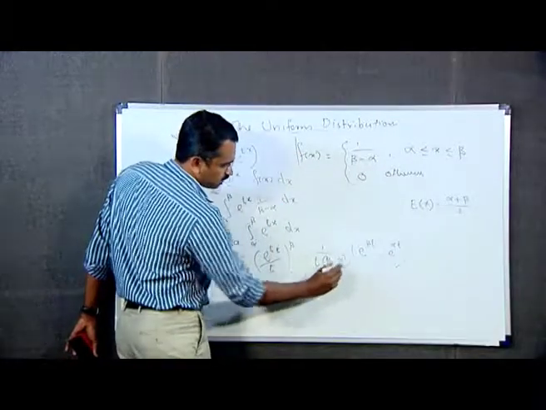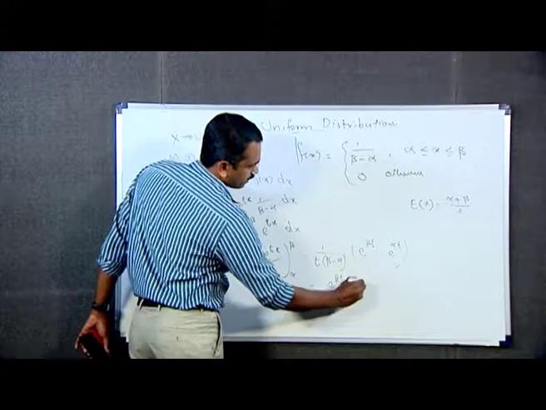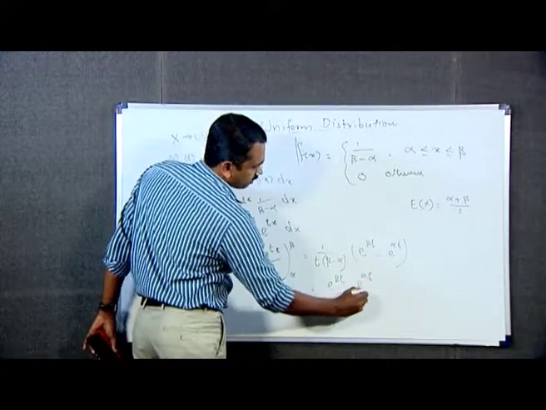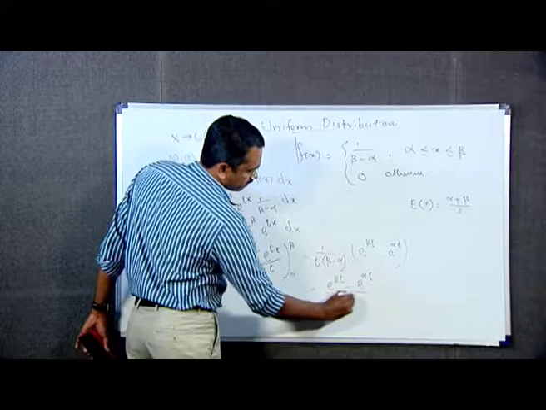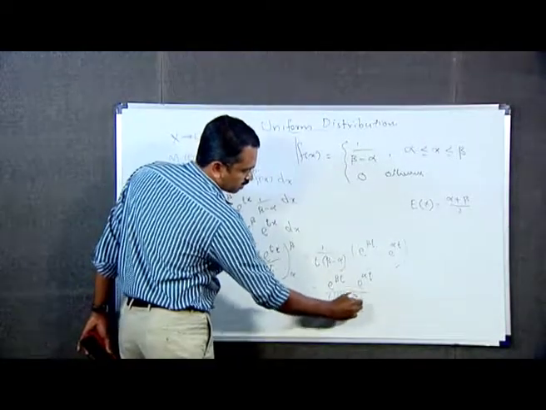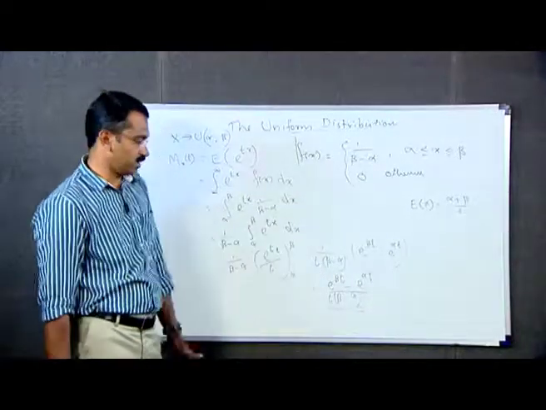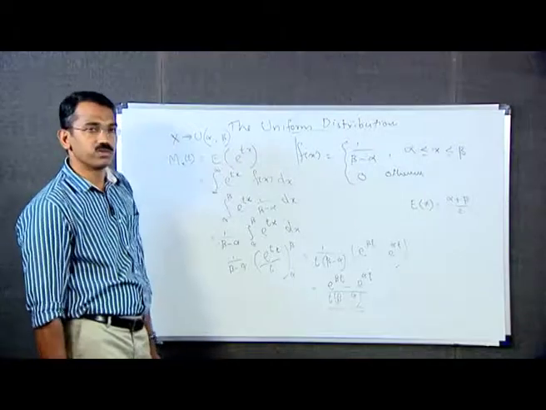That is e raised to beta t minus e raised to alpha t all divided by t into beta minus alpha in the denominator, which is the moment generating function of the uniform distribution.